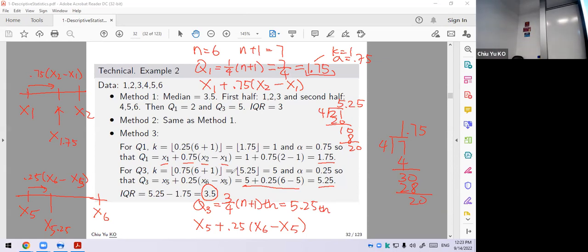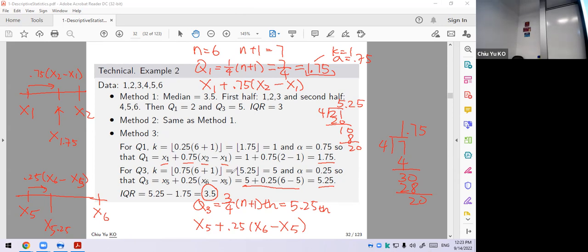So IQR, different ways give you different ideas. I do this because you need to understand what Excel gives you. Of course, this method has some appealing things, because it's consistent with how we define the median. It's just like linear interpolation, right?